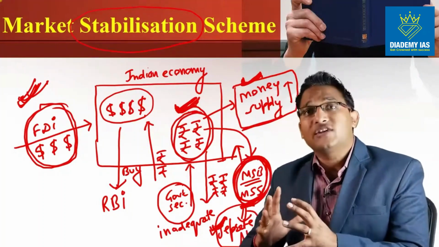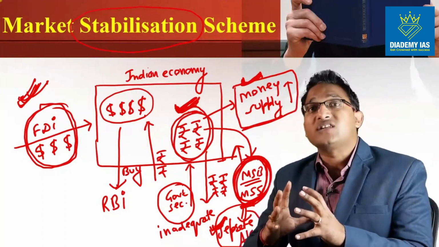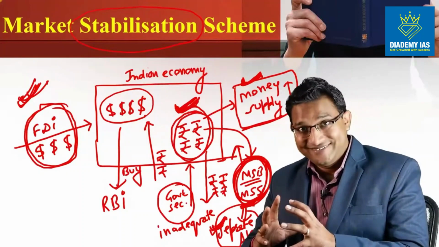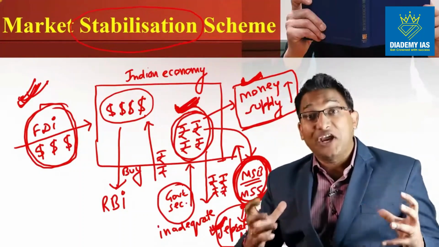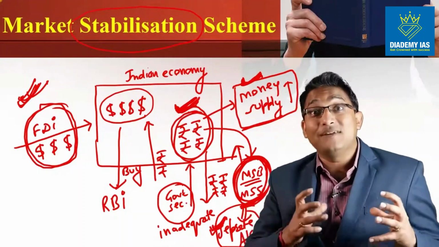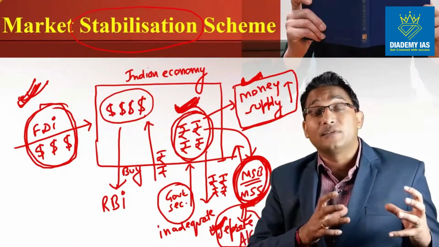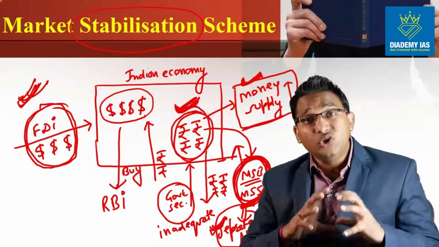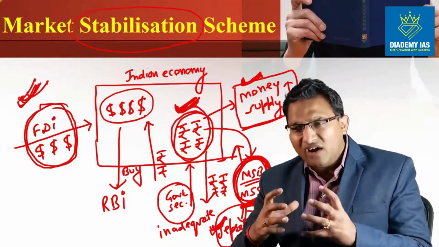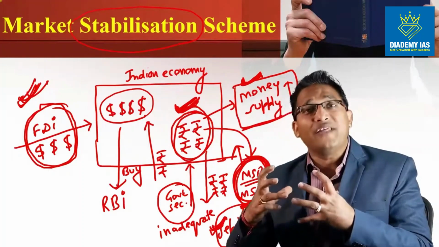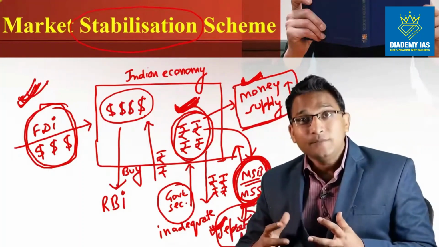Now in the Indian context, this scheme was launched in 2004. And why? Because in 2003 India was shining. The then Prime Minister Shri Atal Bihari Vajpayee used the slogan of shining India. India was getting a lot of foreign direct investment, right?